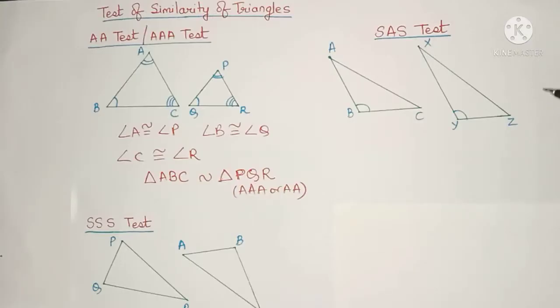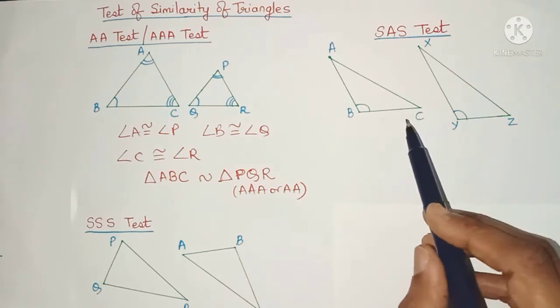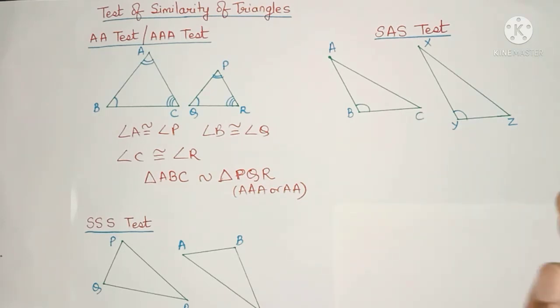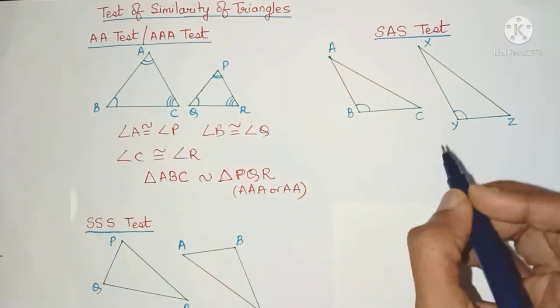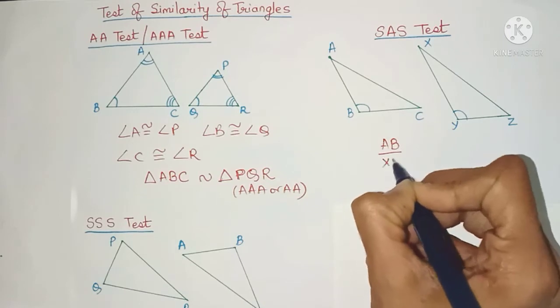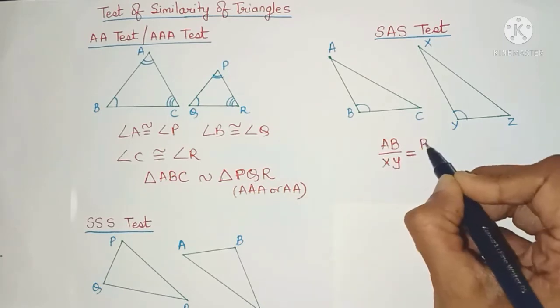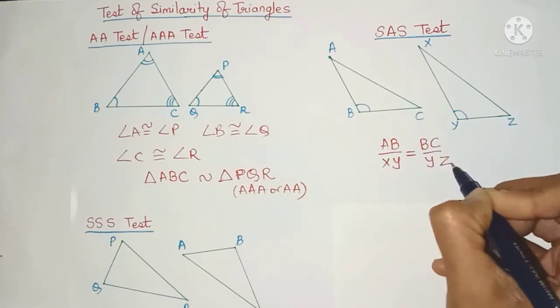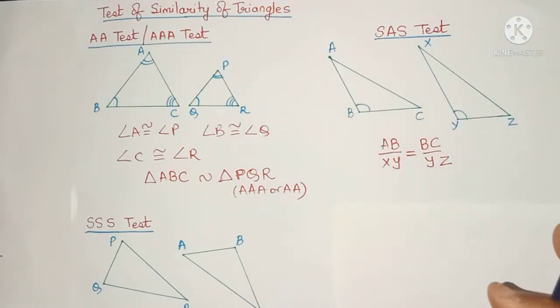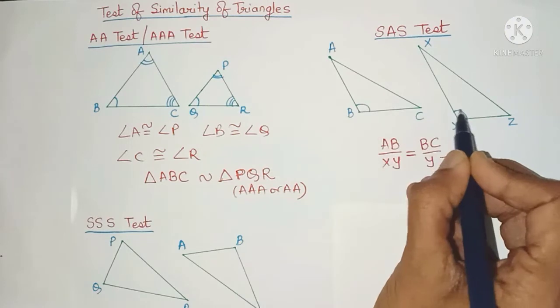The third test is the SAS test. So again we have two triangles ABC and XYZ where you have two pairs of corresponding sides proportional. So suppose you have AB upon XY is equal to BC upon YZ. So here you have these two pairs proportional to each other, and the angle between them, friends.